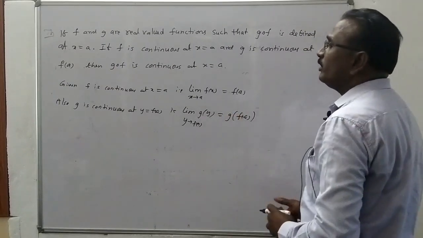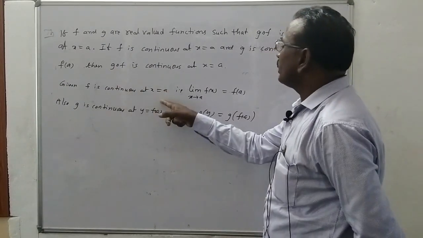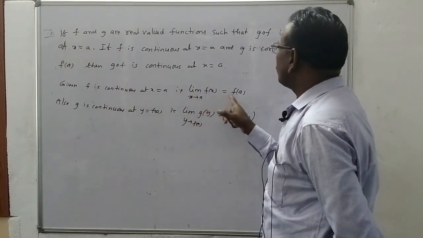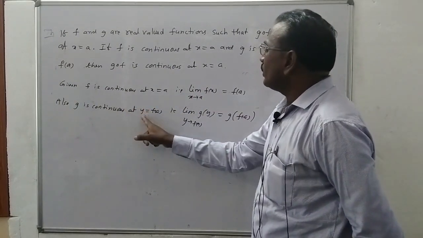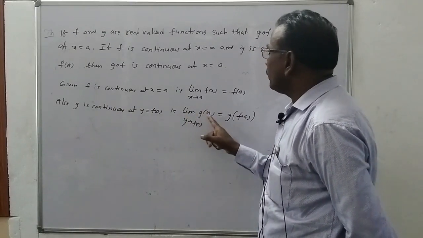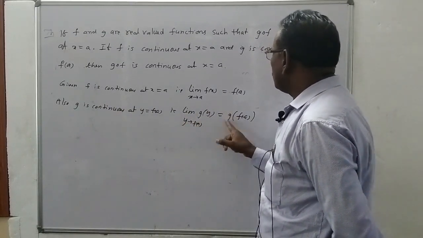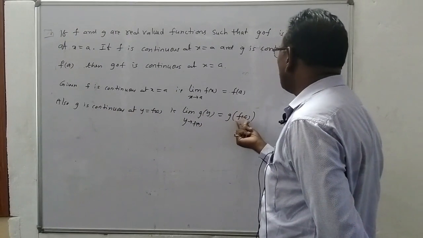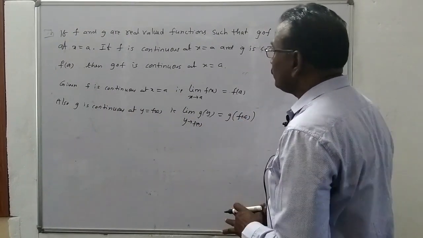By definition of continuous function, f is continuous at x is equal to a means limit f of x as x tends to a is equal to f of a. So g is continuous at y is equal to f of a means limit g of y as y tends to f of a is equal to g of this value, that is g of f of a. So these two values are given.